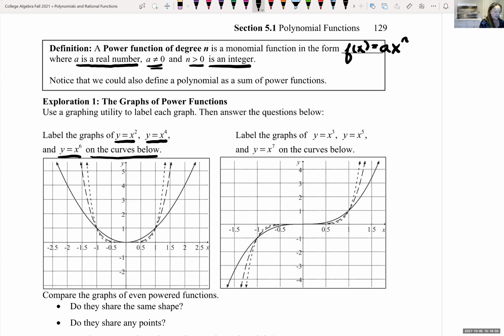And so I can see here that x to the 6th, that's a monomial function to the highest power. And so that's the one that's going to be the steepest. And so that's going to be this one.